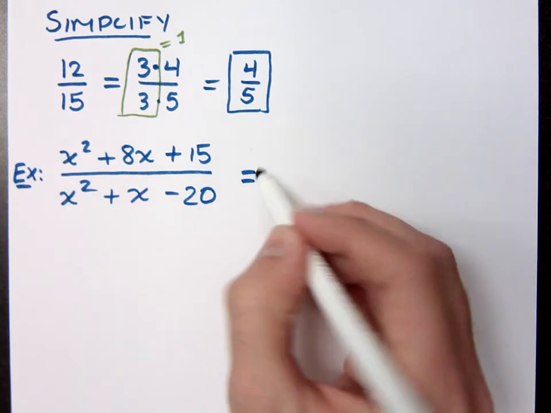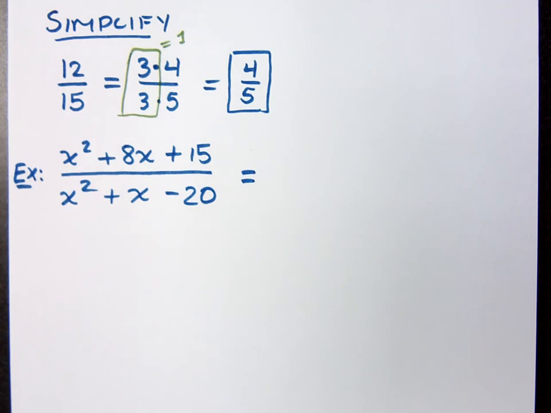Now, here's what you need to understand. In the last example, we were able to simplify because there was a common factor. So if we're going to simplify this rational expression, you have to cancel common factors. So it means we should probably do what first?